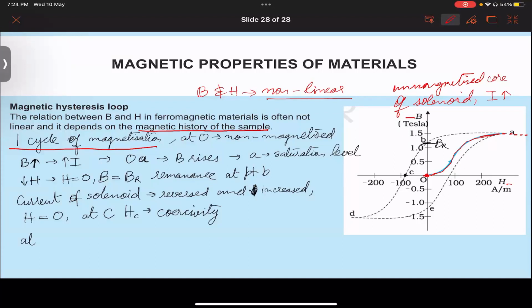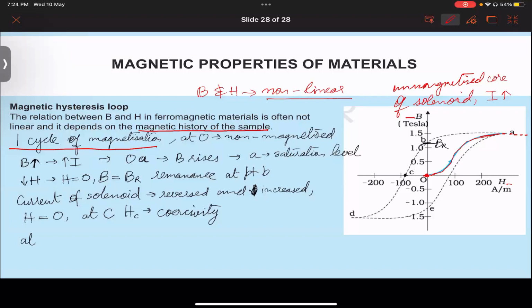This behavior represents the domains of the material emerging, and the alignment shifting in the applied field direction. The domain is growing, and after a certain point there is no increase.